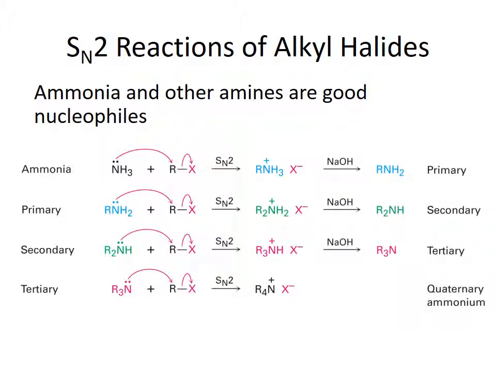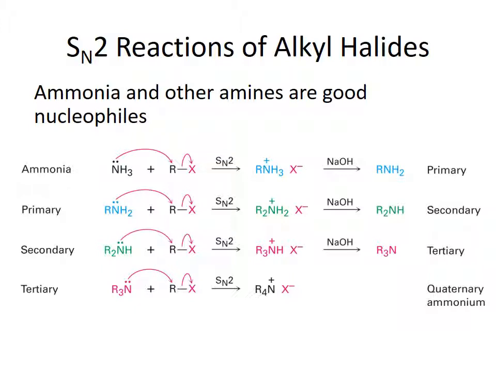Amines, you have already seen that nitrogens will act as a nucleophile and that they can do SN2 reactions. So if you have a primary or even a secondary alkyl halide, and you mix it with a compound that is either ammonia or amines, you get SN2 reactions.